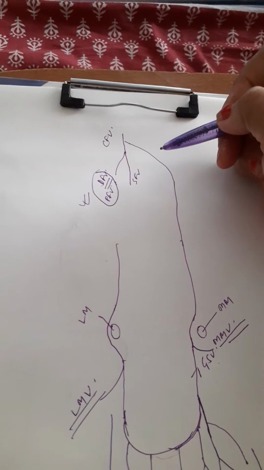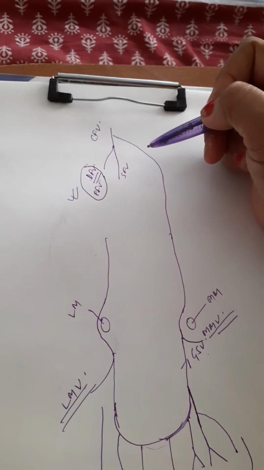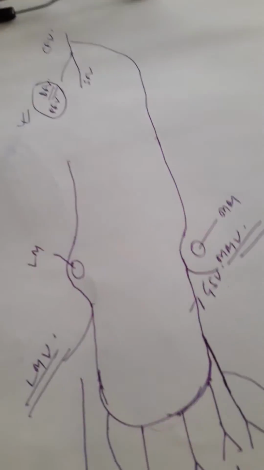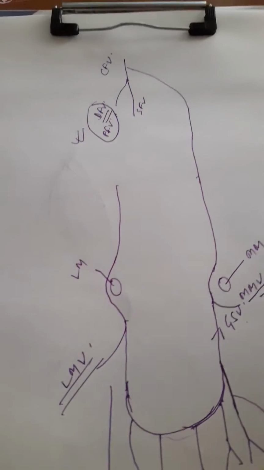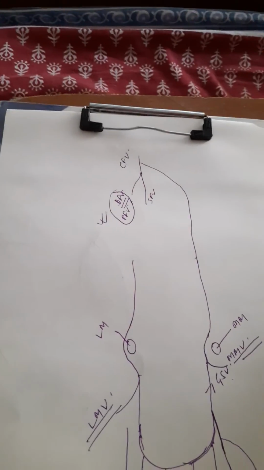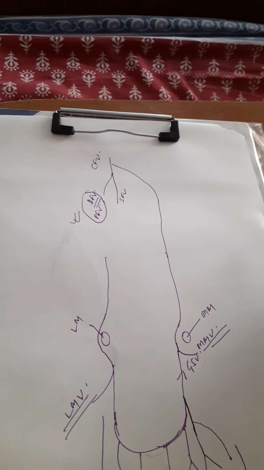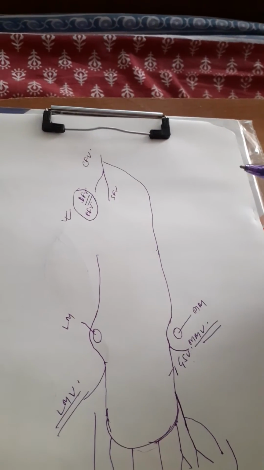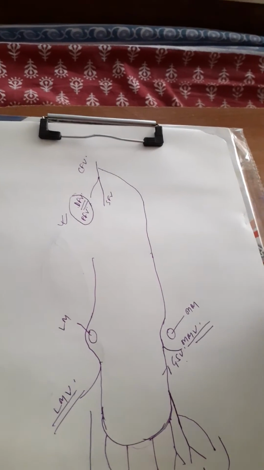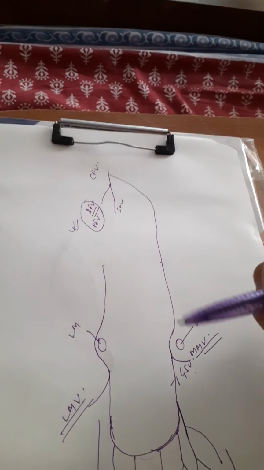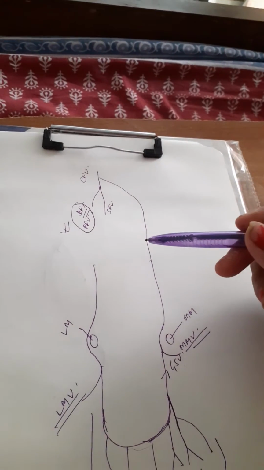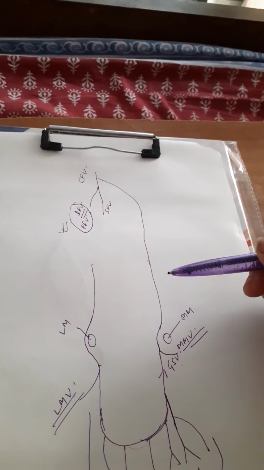As we all know, in the lower limb as well as in the upper limb, there are two venous systems, that is the superficial venous system and the deep venous system. The deep venous system accompanies the arterial system. Superficial veins first drain into the deep veins and the deep veins carry the deoxygenated blood to the heart. The superficial veins drain into the deep veins via the perforating veins.